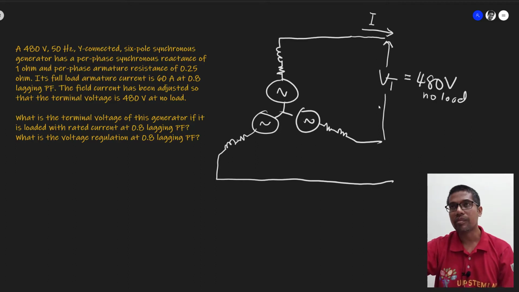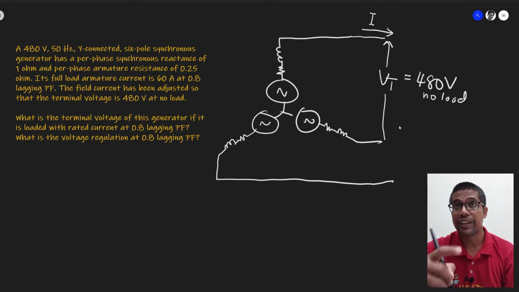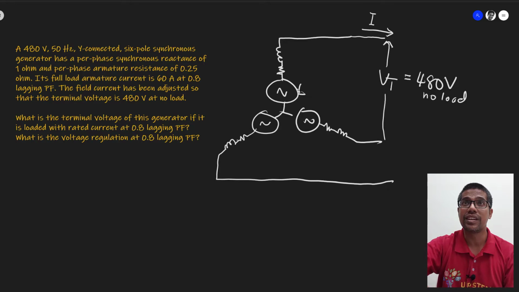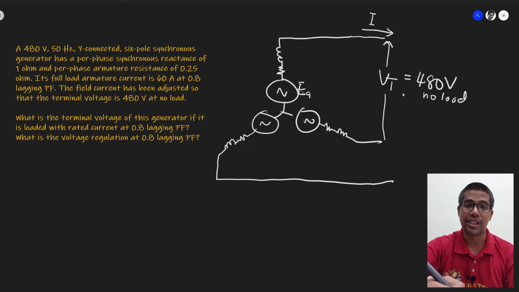At this condition, it's important to figure out the internal generated voltage, EA. How do we get EA? The current is 0, so there's no voltage drop across the impedance.